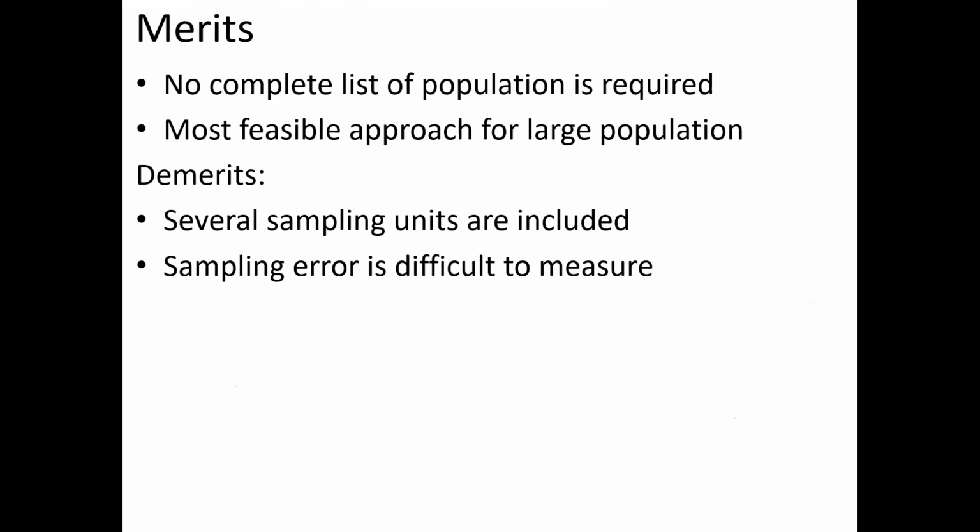Merits: no complete list of population is required. You don't need a complete list, a name list or something like that. It is a more feasible approach for a large population, for example a survey. Demerits: several sampling units are included.